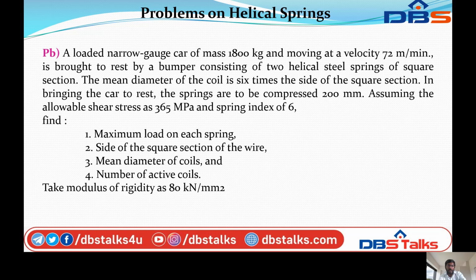The mean diameter of the coil is 6 times the side of the square section. In bringing the car to rest, the springs are to be compressed 200 mm, assuming the allowable shear stress as 365 megapascals and spring index of 6. Find the maximum load on each spring, side of the square section of the wire, mean diameter of the coil, and number of active coils.